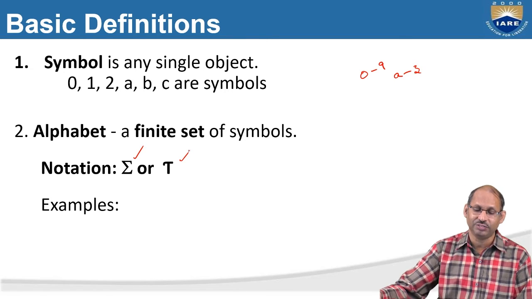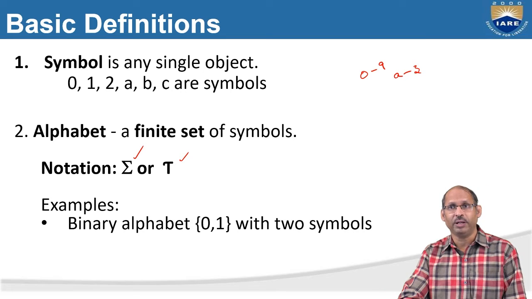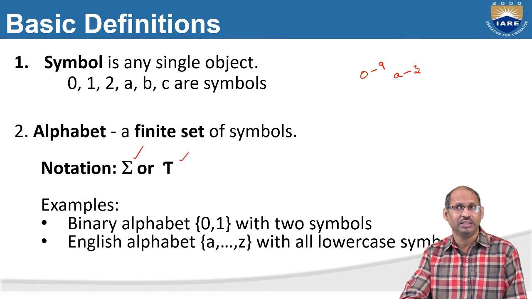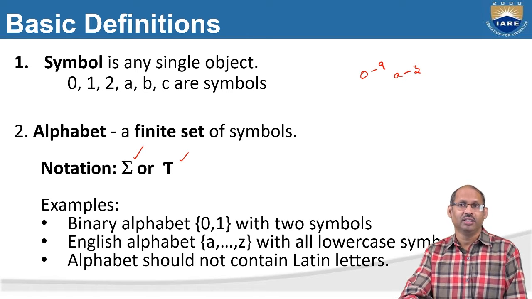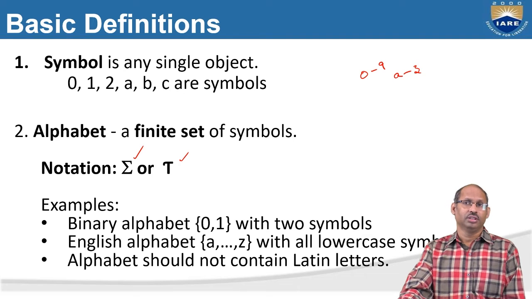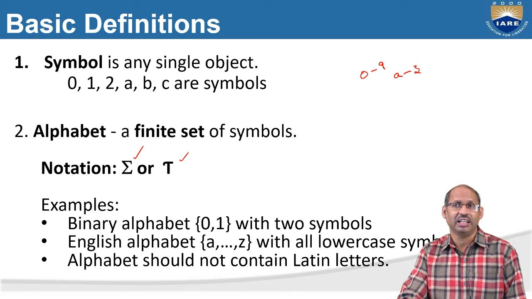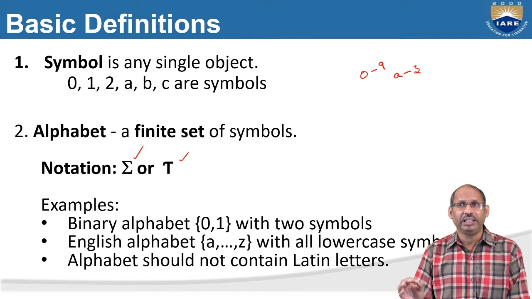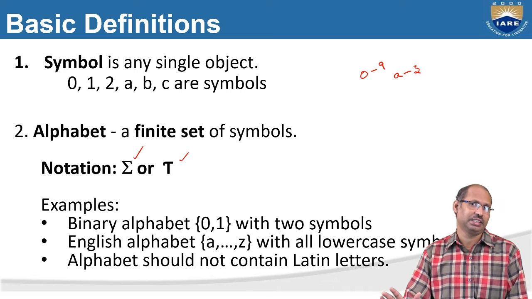These are the notations for the alphabet representation. In the first example, the alphabet has only two symbols, that is 0 and 1. In the second example, it has all the lowercase letters a to z as the alphabet. So an alphabet is a finite set of symbols.